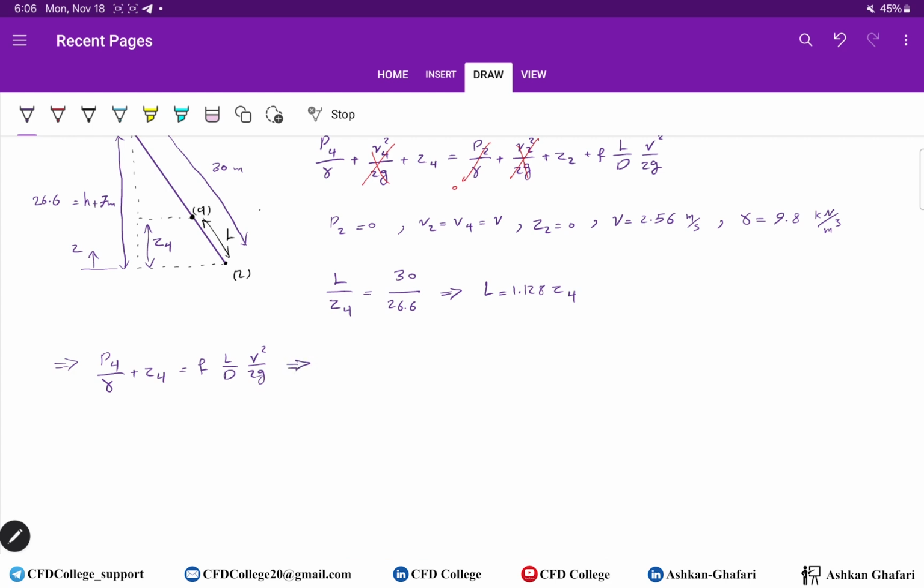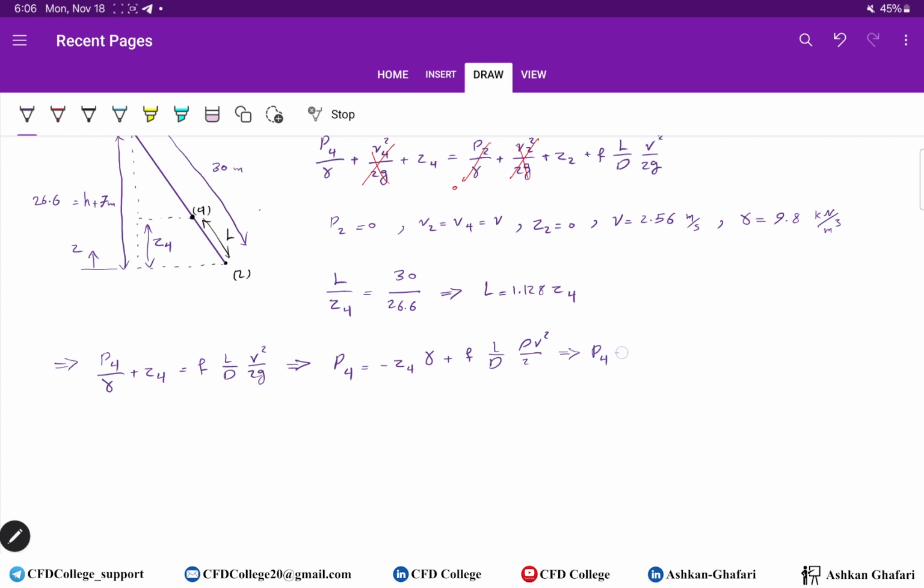So P4 equals minus Z4 times gamma plus FL over D rho V square over 2, not 2G, because I multiply both sides by the gamma.